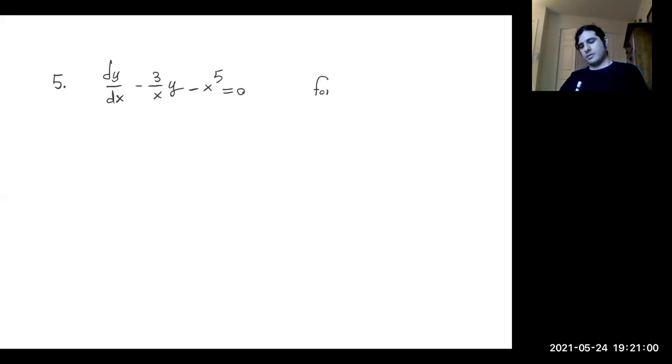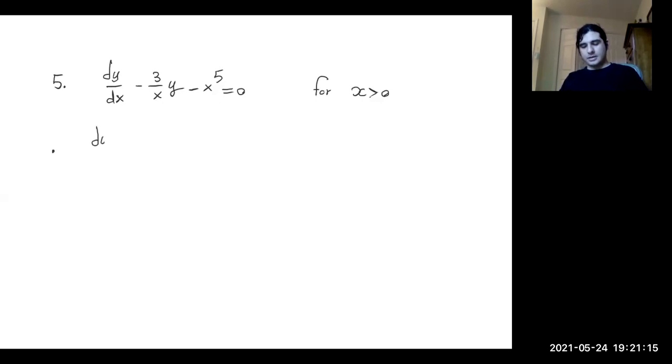Okay, let's continue. So we have our example number 5 was this. We are looking for a function y such that it satisfies this differential equation. Okay, so the first step, I would slightly rewrite the equation. I would just take x to the 5 to the right-hand side.